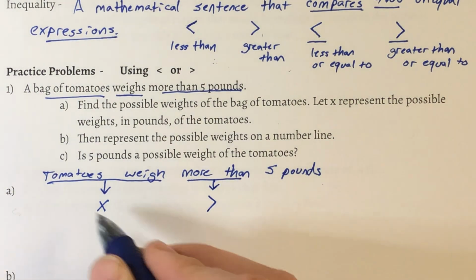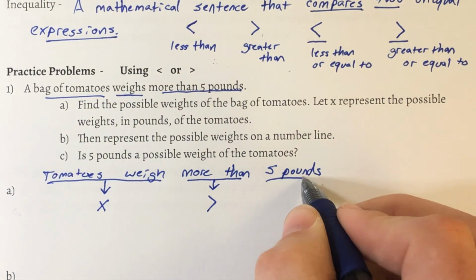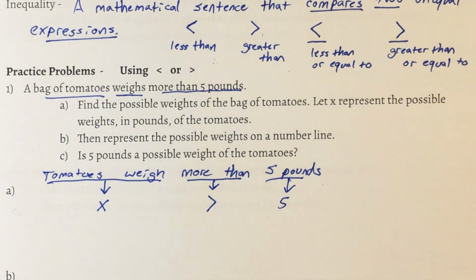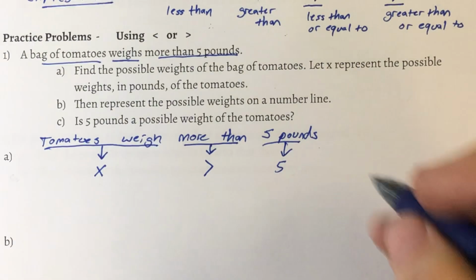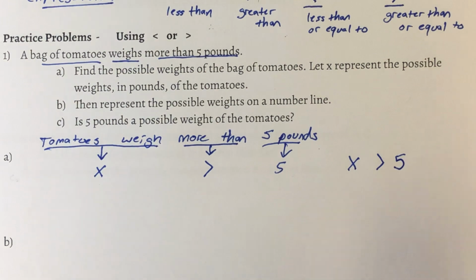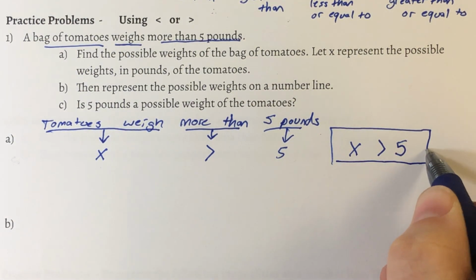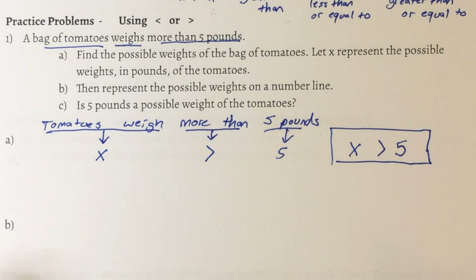And then what are the weights going to be more than? Well, more than 5. So now I have an inequality. X is greater than 5. So this is a simple way of expressing all possible answers for this entire question.